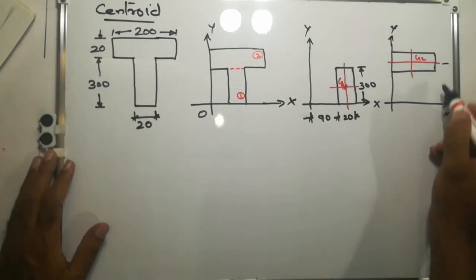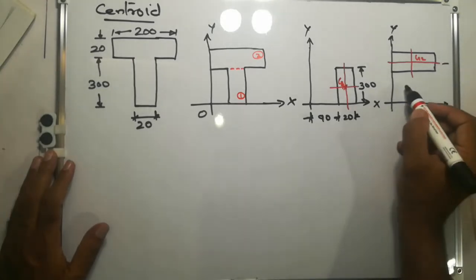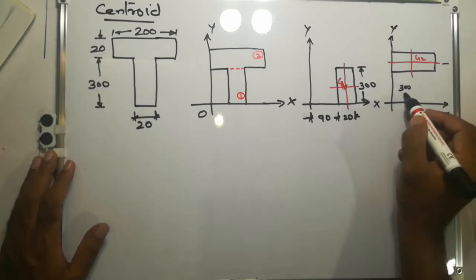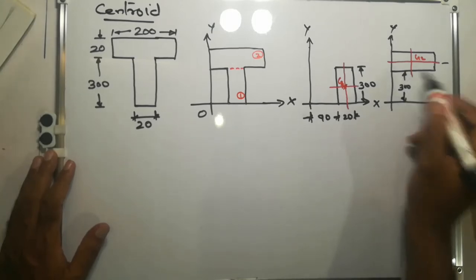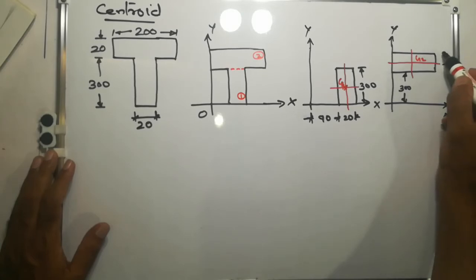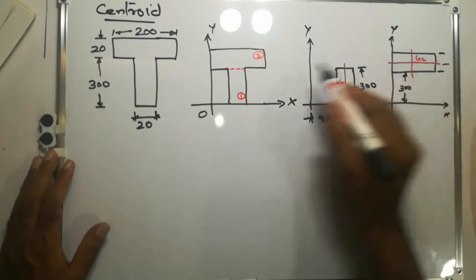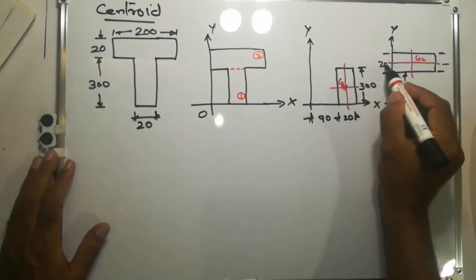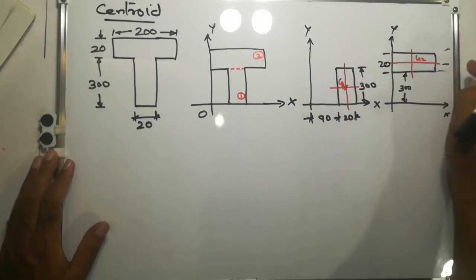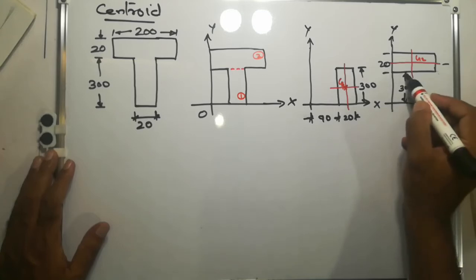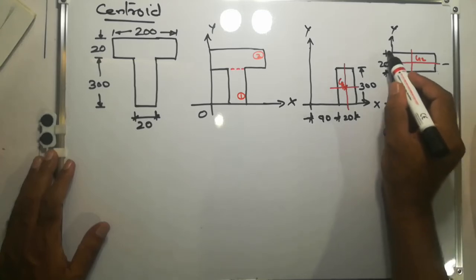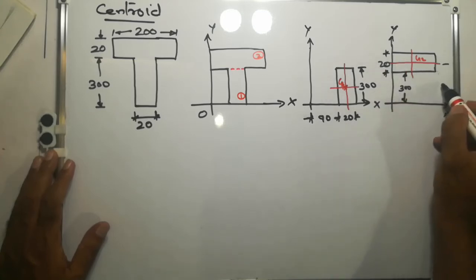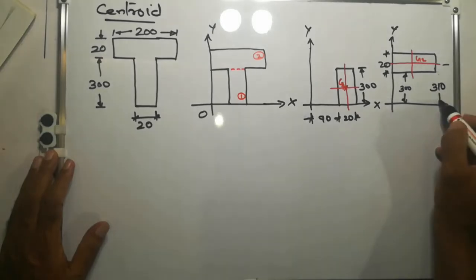This is 300, this we know it is 300, and this is 20, therefore this distance will be 300 plus 20 by 2, that is 300 plus 10, that is 310.